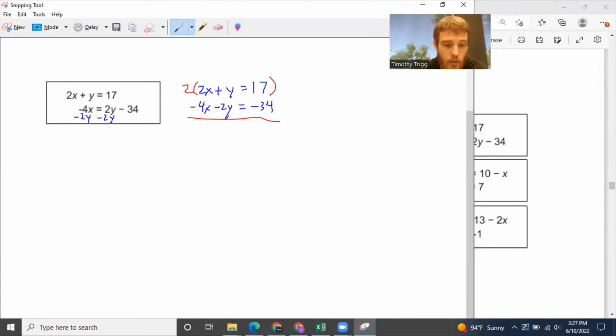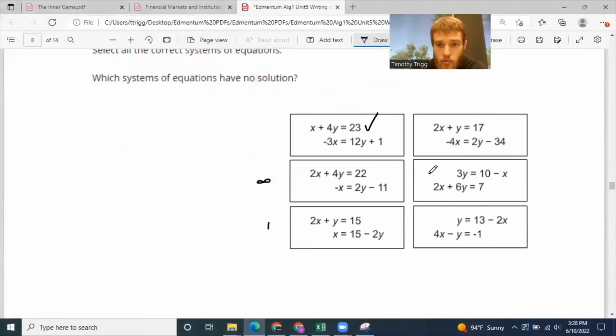So that cancels with the x's there. So that'll be 4x plus 2y equals 34. Bottom equation, negative 4x minus 2y equals negative 34. Okay, I think you got it from there. Tell me whether that has no solution or what. Okay, then the next one.